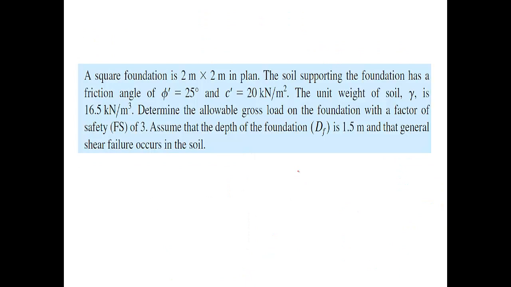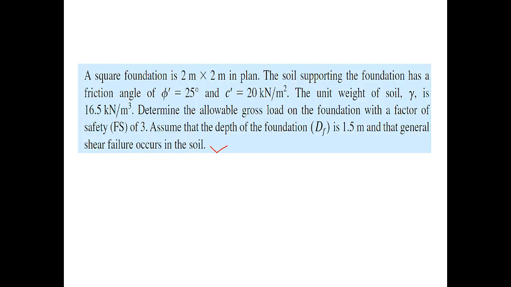So up to this is clear, then we can do one example, though it is done in the book, just to give you some idea. A square foundation is 2 meter by 2 meter. So you can consider this square foundation. What does it mean? You first go to the general formula and you go to the square.